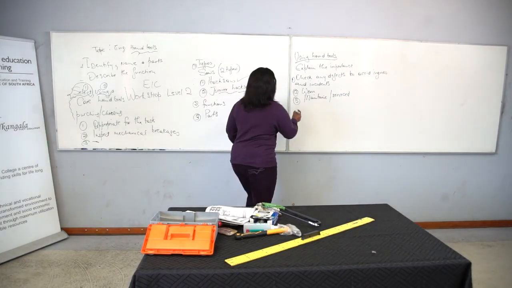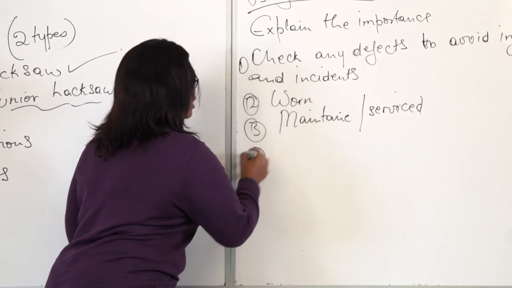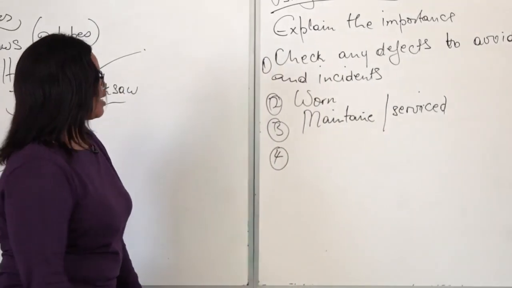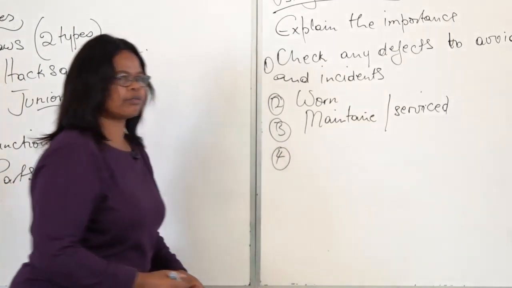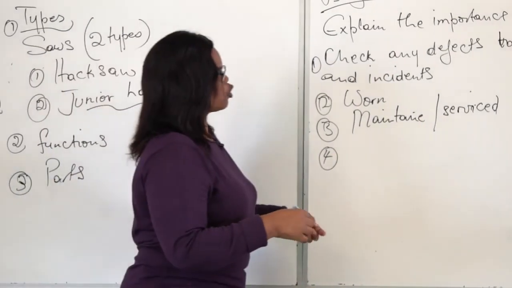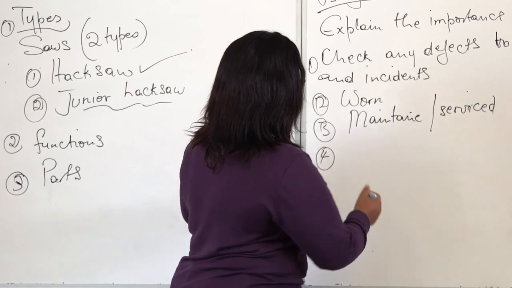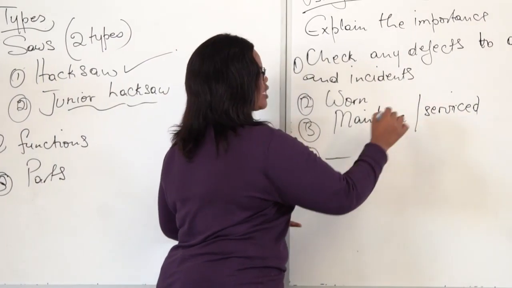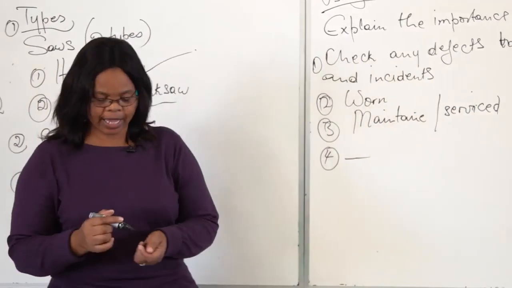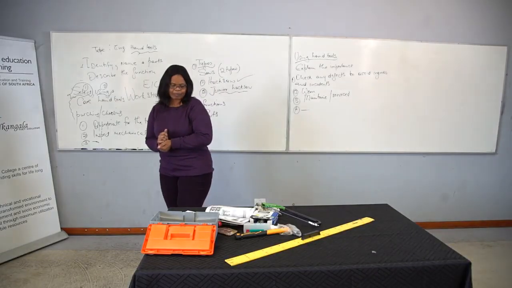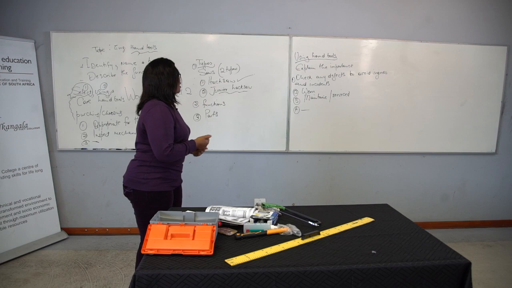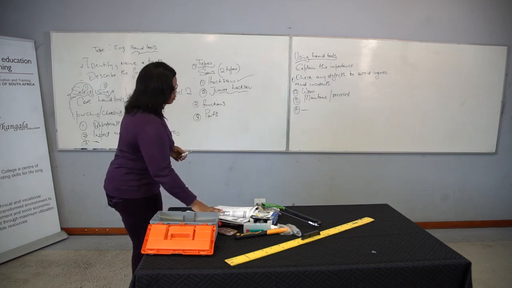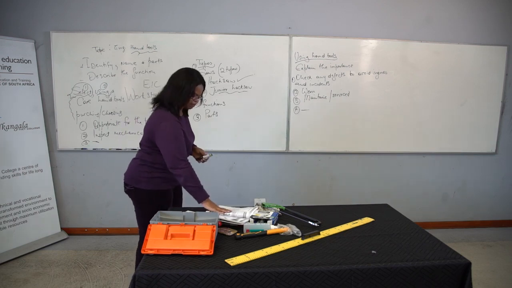Also important about this, the workers, you must train them on how to use the hand tools and must get to be used to the injuries that are associated with the types of tools that they are using. You are trying to explain the importance of using the tools safely.